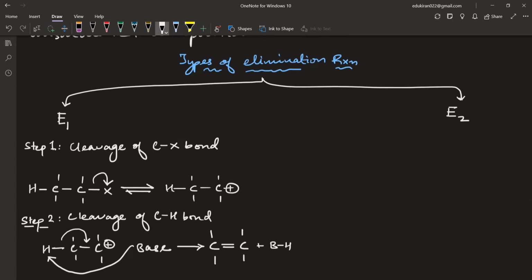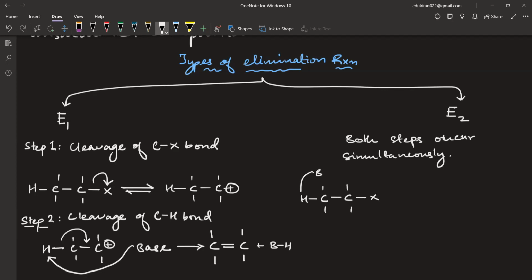Now in E2, what happens? Both steps occur simultaneously. That means the base is here.